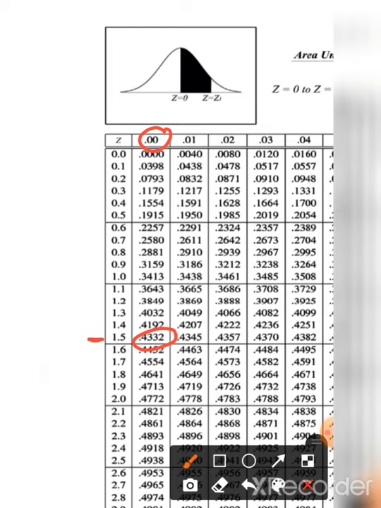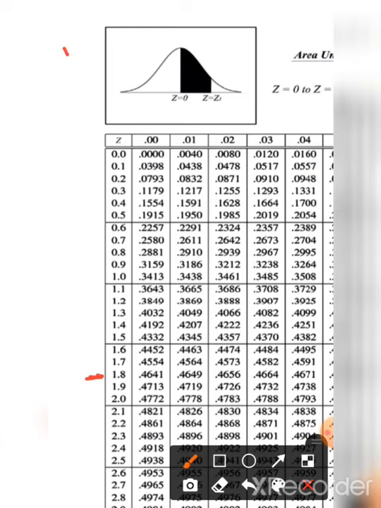Similarly, children, suppose your z score is 1.83. What are you going to do? 1.8 is over here. How will you get 1.83?